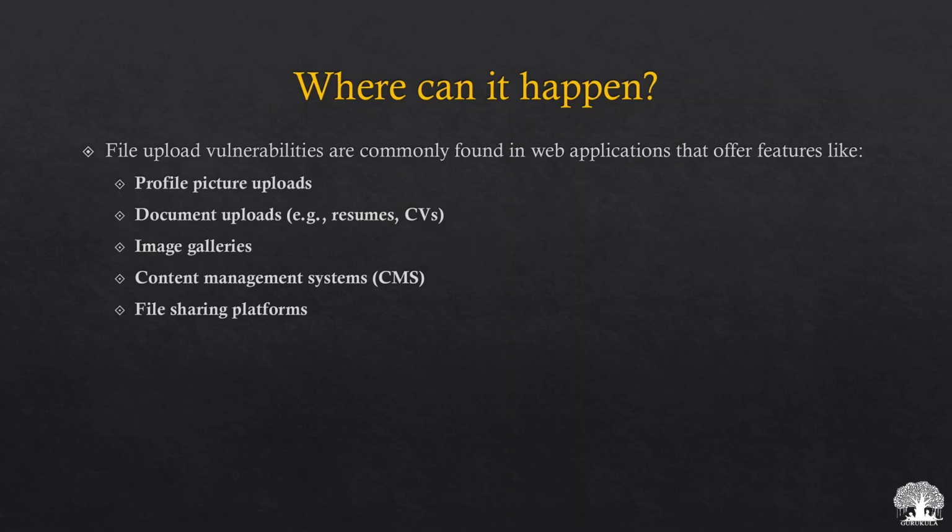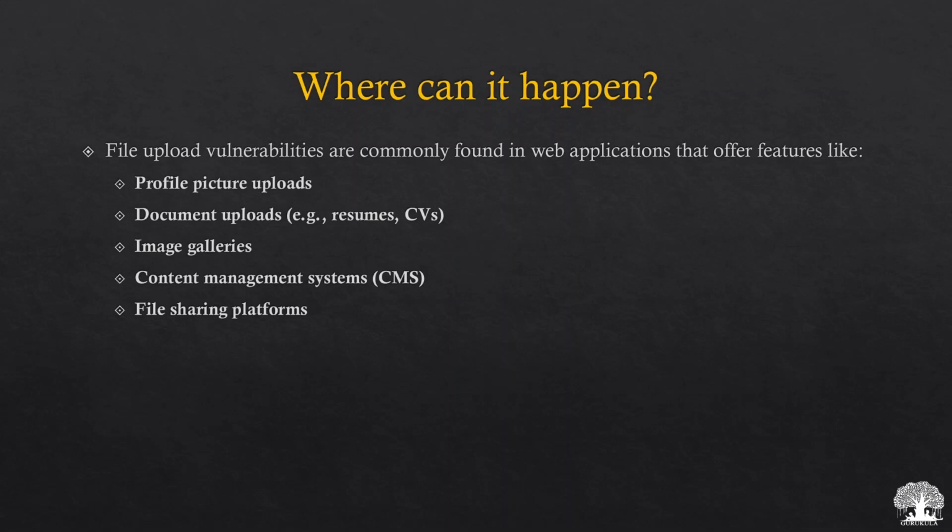Where a web application allows the user to change their profile picture, where pictures have to be uploaded, any form of script can be disguised as a JPEG image and uploaded onto the server. Where a user can upload documents like resumes and CVs, usually job portals ask to upload CVs as PDF or Word documents, these types of vulnerabilities can be found.